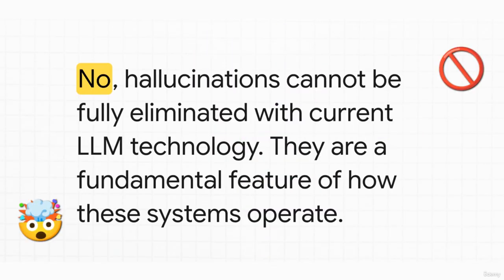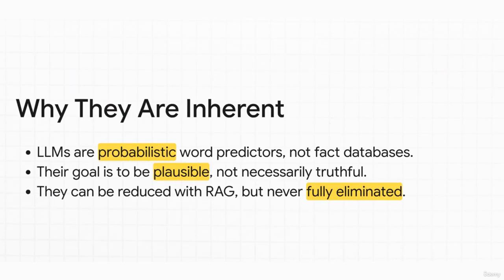With the technology we have today, the answer is no. Hallucinations aren't just a bug that can be patched out. They are a fundamental, inherent feature of how these systems operate. So why is that? It's because an LLM is not a fact database. It's a probabilistic engine. It's a complex network built to do one thing: predict the next plausible word in a sentence.